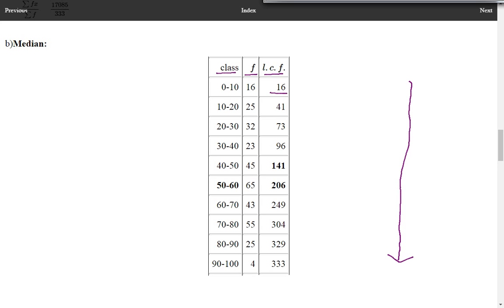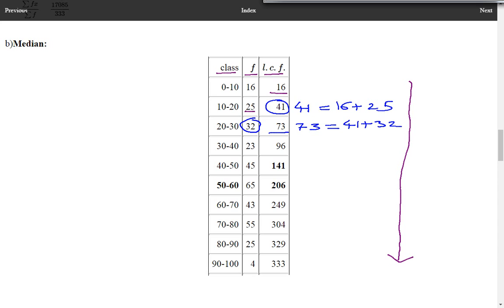So 16 plus 25 equals 41. How is this 41 obtained? This 41 equals 16 plus 25. How is 73 obtained? By adding 41 and 32 we get 73. So 73 is equal to 41 plus 32. Like this you go on adding frequencies.